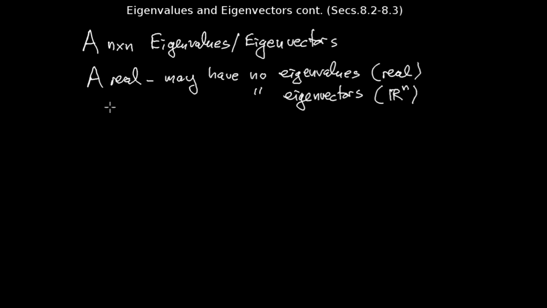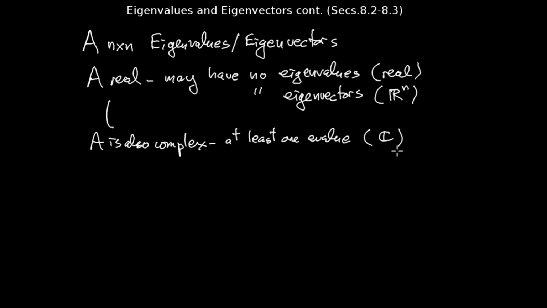But of course, a real matrix, we can think of A as also a complex matrix, and as a complex matrix, it has at least one eigenvalue. Of course, here I mean a complex eigenvalue, and similarly eigenvectors in Cn.